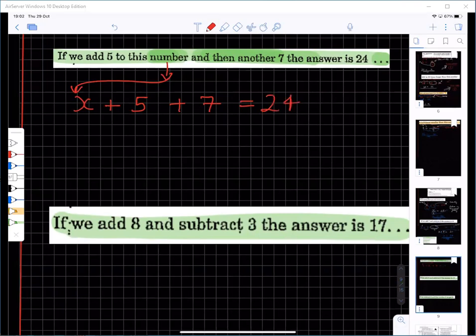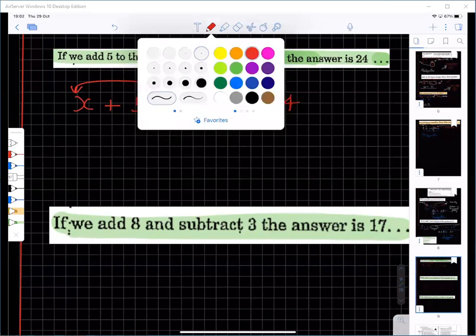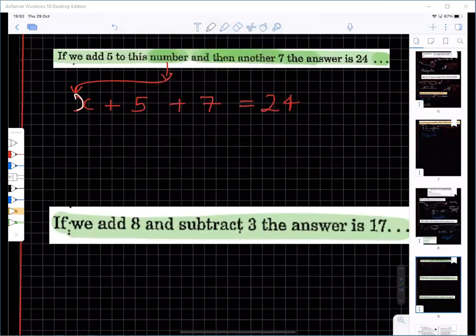Okay, lovely. So how do we work out the value of X now? What do we do? We start at X and then identify the steps. Plus 5, plus 7, and then? So we do the second step first. So minus 7. 24 minus 7 is 17.